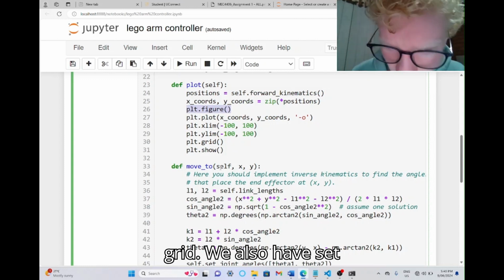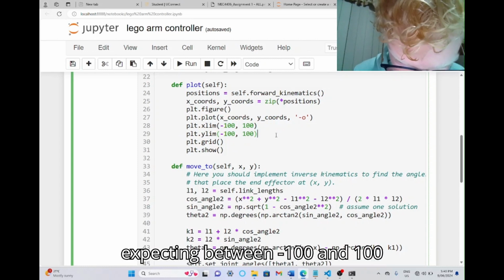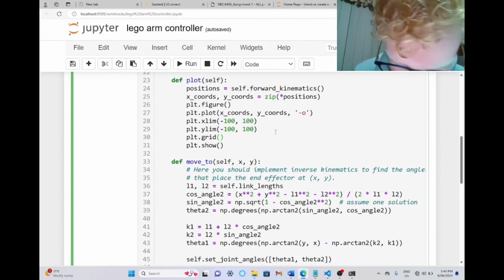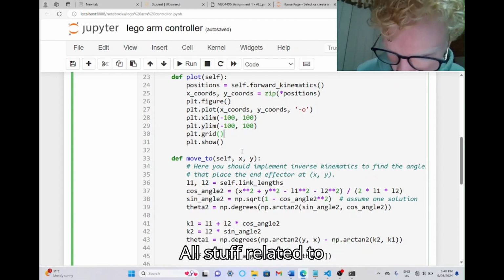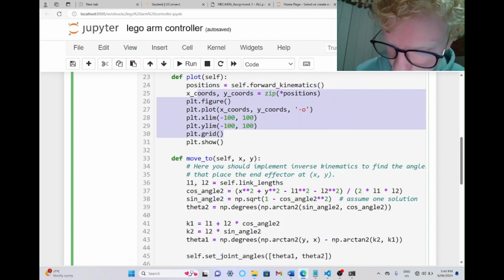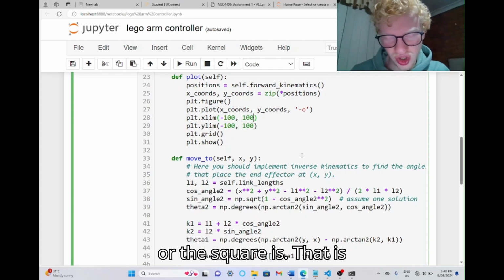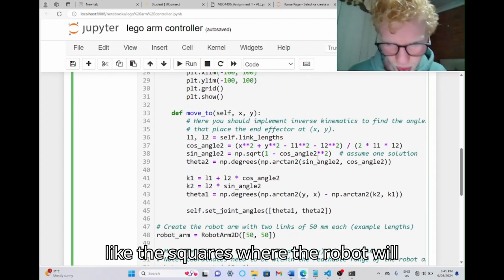We also have set the values which x and y are expecting between -100 and positive 100. We have the grid and all stuff related to showing basically the grid or the squares, like the squares where the robot will stand on.